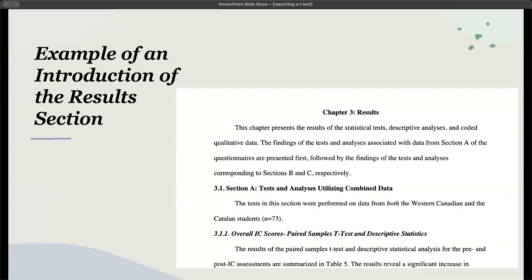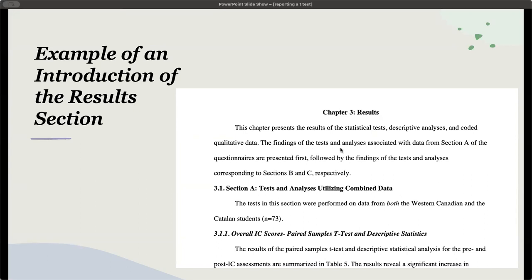Here's an example of a results section. When you're writing the results section, you want to look at what might be the possible subsections of this chapter. Here, this student had written an introductory paragraph saying, this chapter presents the results of the statistical tests, descriptive analyses, and coded qualitative data.